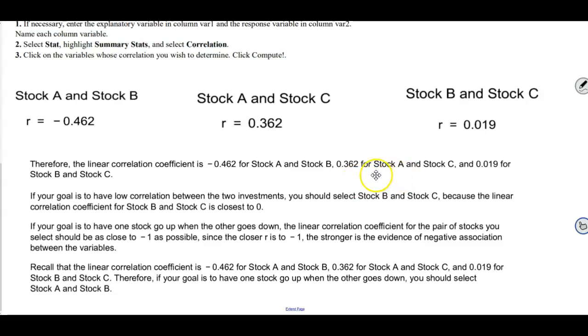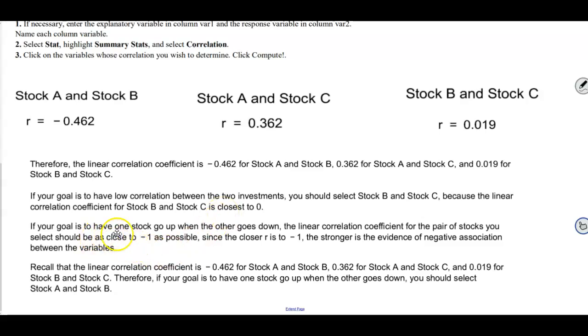For stock A and C, it's 0.362. And for stock B and C, it's 0.019. So if your goal is to have low correlation between the 2 investments, then you would select stock B and stock C, because the linear correlation coefficient for stock B and stock C is closest to 0.